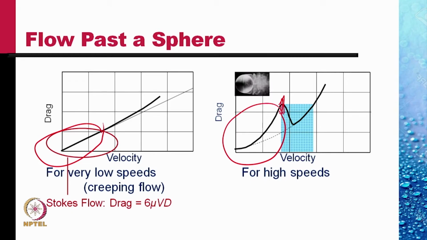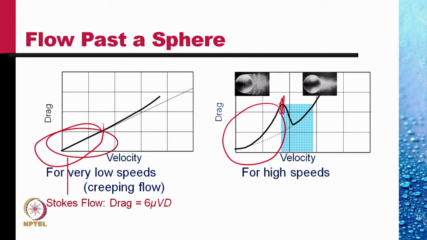Like we saw, in the laminar flow the wake is wider, so drag is proportionately higher. But when the velocity is larger, that is the Reynolds number is larger, the wake is narrower, the separation of the boundary layer, which is turbulent now, is much delayed.